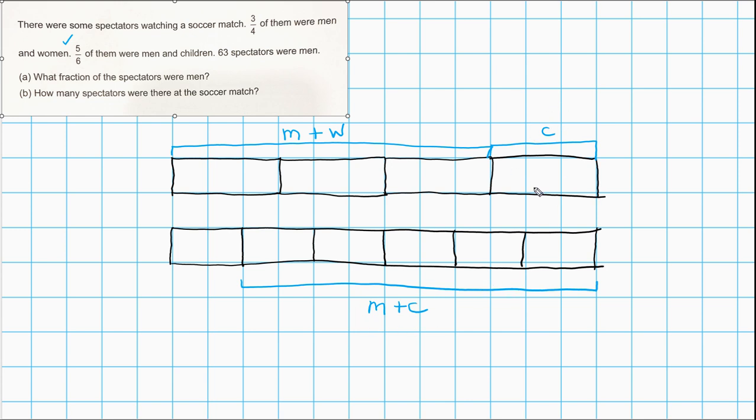Well, we know that this part of the model is children, and it doesn't change here because this is the same size model representing the same number of people. So hopefully you can see that if I sort of divide things up, okay, so that bit there must be children. And so that bit there must be men. Okay, can you see that? Because we've got the children there, here are the children, and if this is men and children, then this bit here is just men.